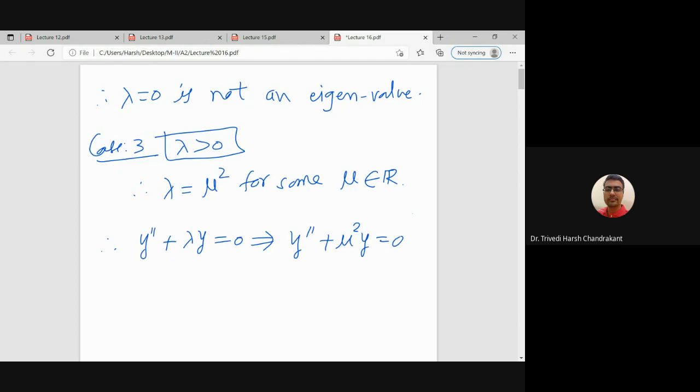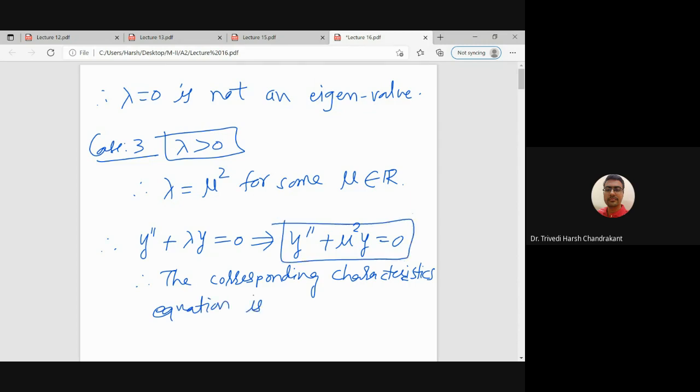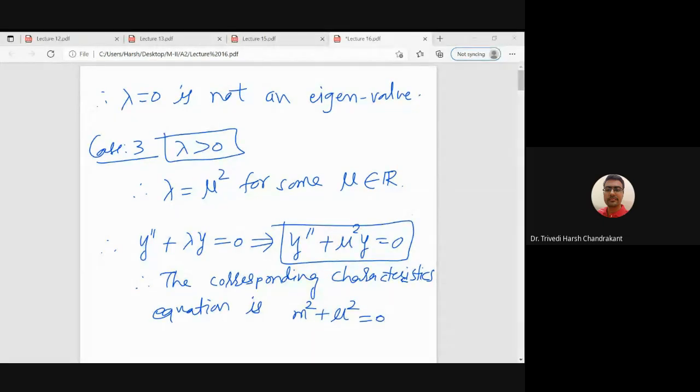Therefore, the corresponding characteristic equation is m square plus mu square equals 0. So what will be the roots?